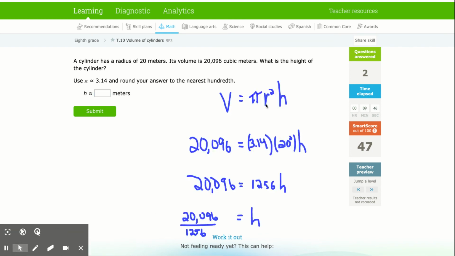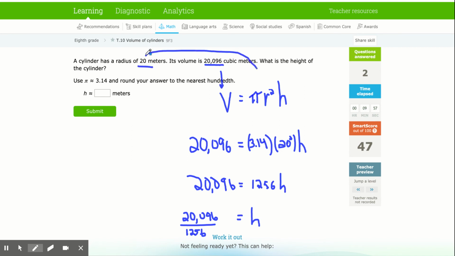What I mean by backwards is that in this problem, they give us the volume, V, and they also give us the radius, R. So I replaced the volume with 20,096 equals pi, which they said to use 3.14, times 20 squared times some H, because it asks what is the height.